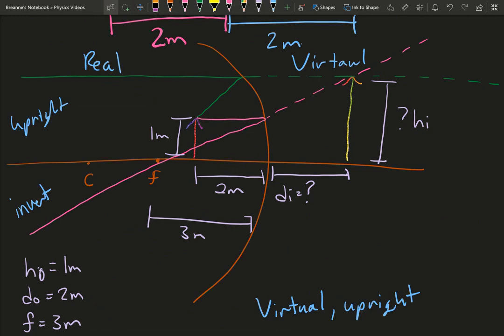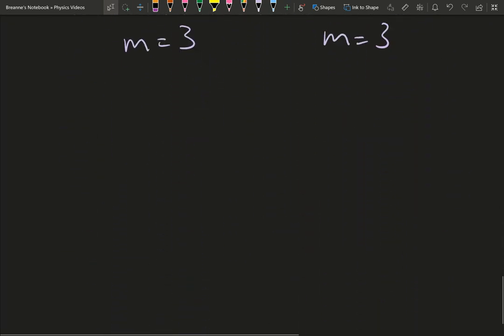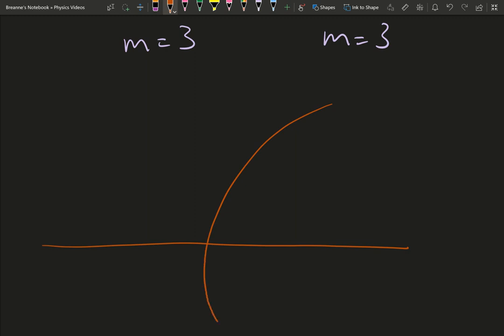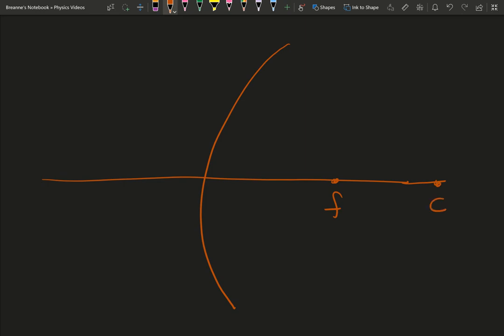And so yeah, that's a concave, so let's do a convex, just to work it out again. Oops, I made it too big. Let's try that again. So in this case, remember our focal point is here, and our center would be somewhere around there.